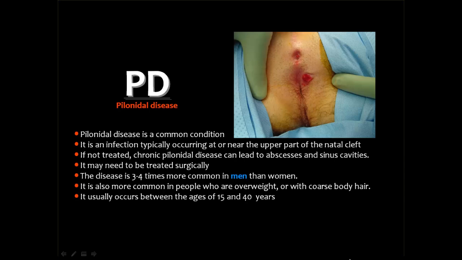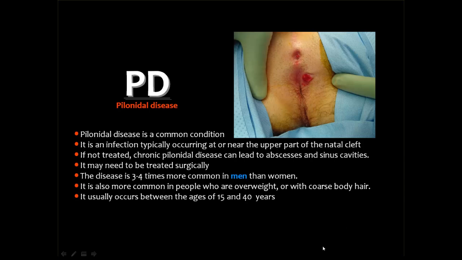Then pilonidal disease, which is the last issue in this talk. Pilonidal disease is a common condition occurring in the back, somewhat above the level of the anal canal, and typically near or at the upper part of the anal cleft.